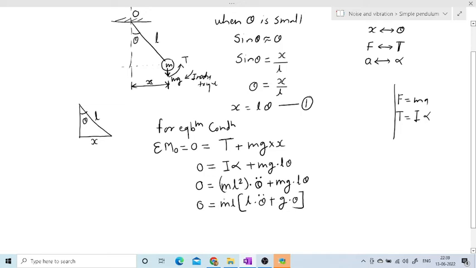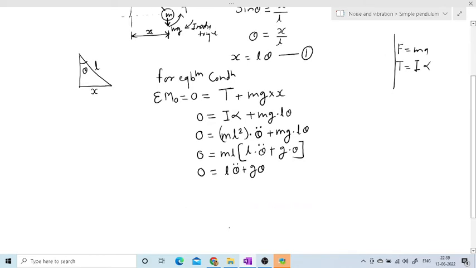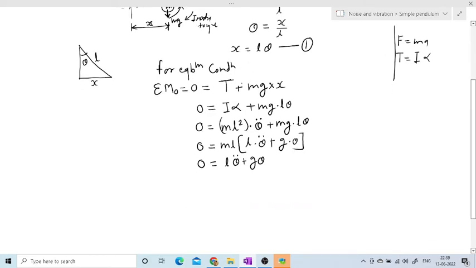Now transfer mL to the left side, so the equation will remain as L theta double dot plus g theta is equal to 0. Now, to convert into the standard differential equation, divide by L throughout this equation.